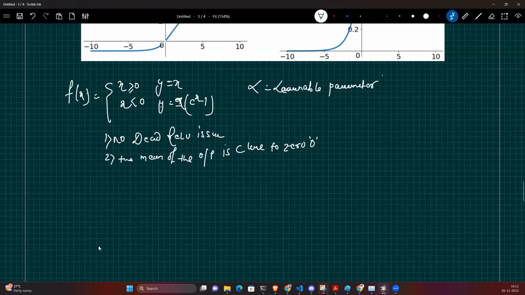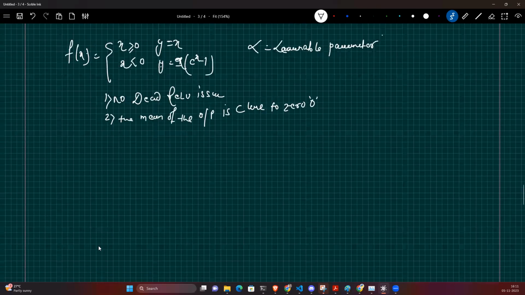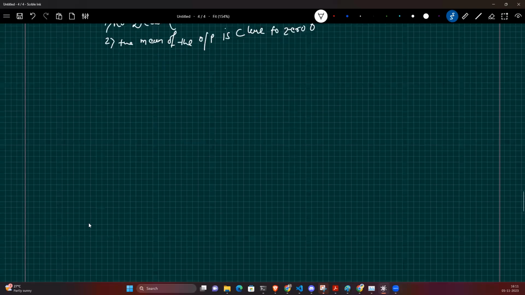Okay, now we are coming to another activation function, the 6th activation function, which is very popular and which we are going to use very frequently, called softmax.